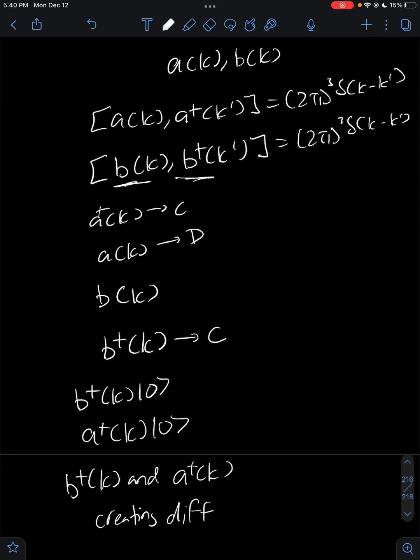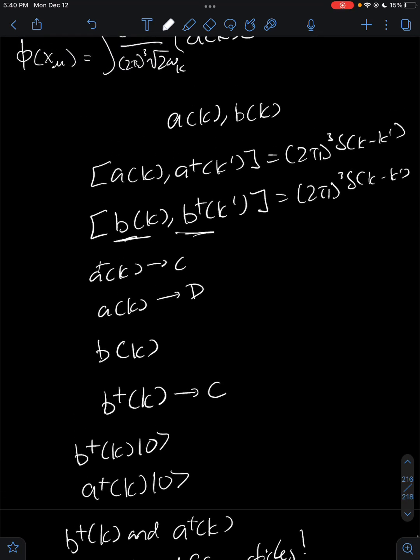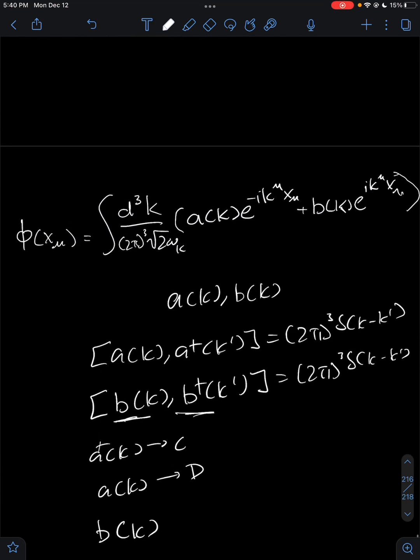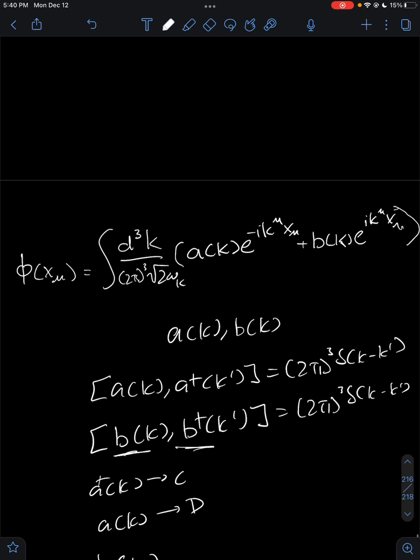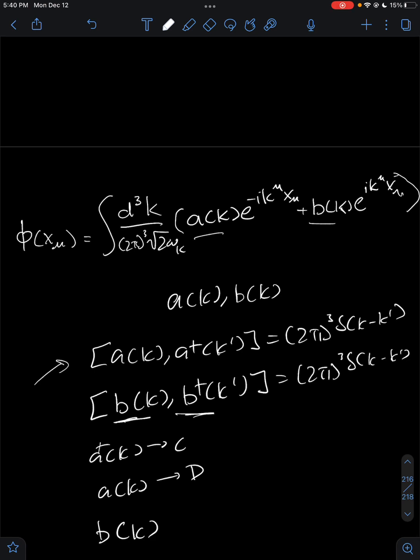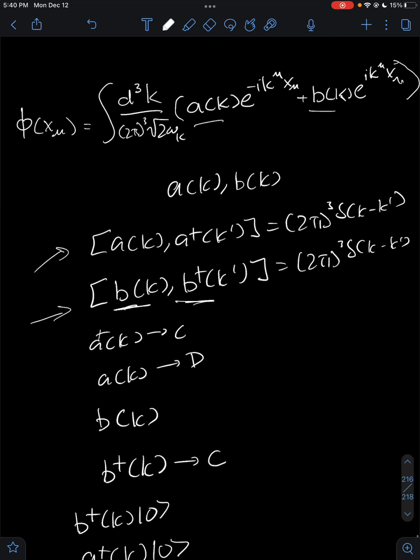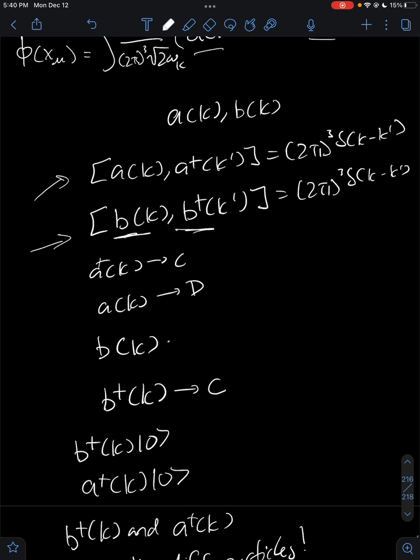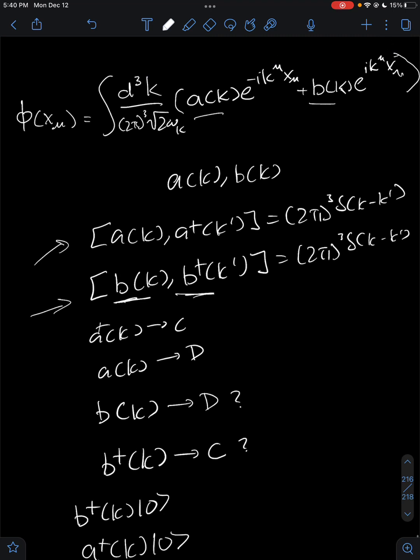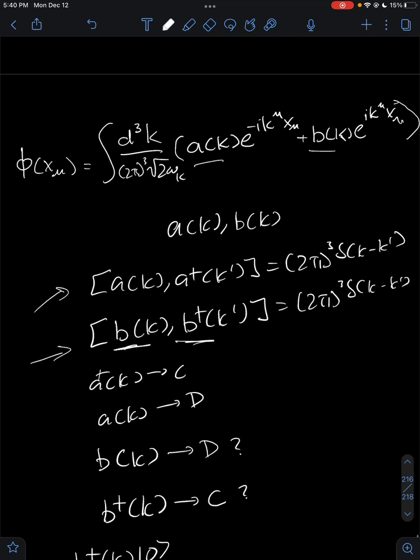The basic idea is that for complex scalar fields, we'd have a and then b, so we'd have two sets of commutation relations instead of just one, where a(k) and b(k) correspond to different particles. And b(k) is going to destroy this new type of particle, whose properties we haven't discovered yet, but we will soon.